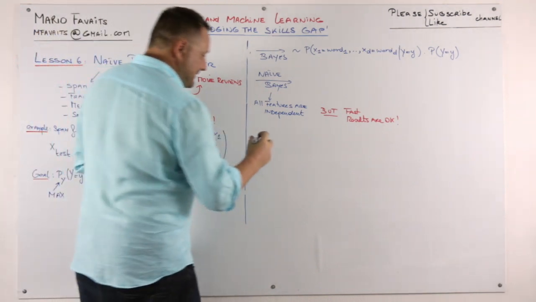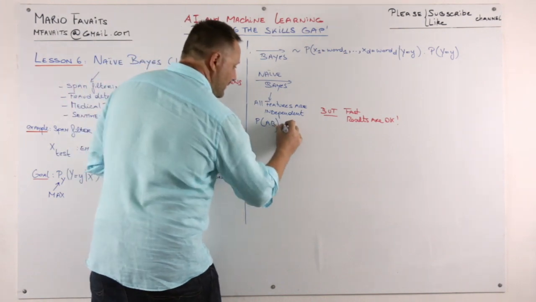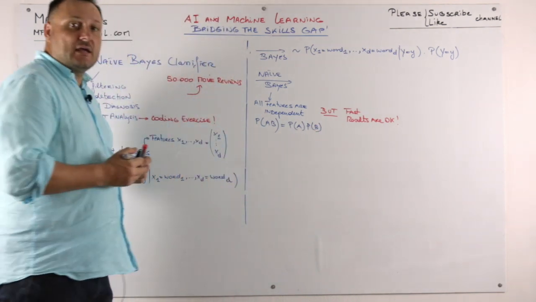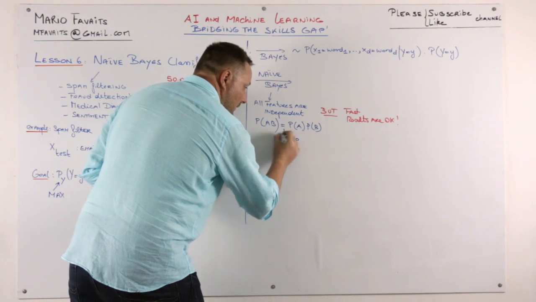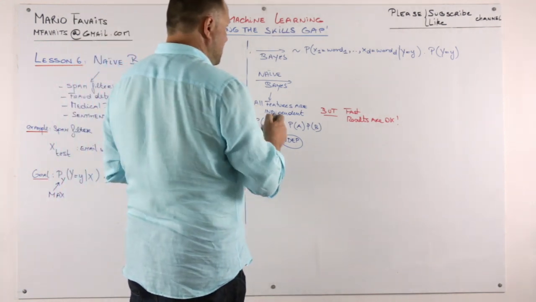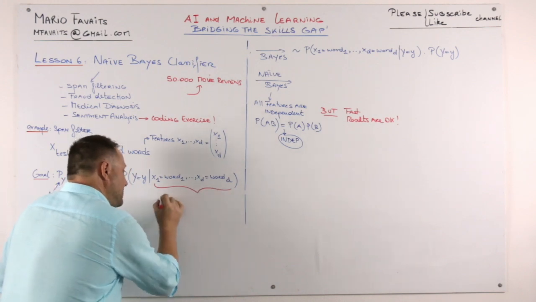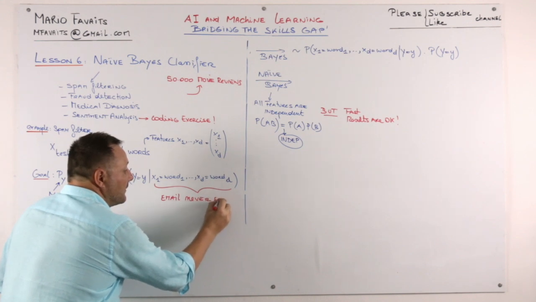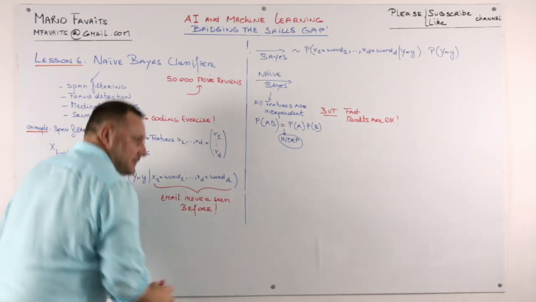Remember that in the statistics refresher we've seen that the chance of AB equals the chance of A times the chance of B, if A and B are independent. Now what does it mean here? Well, first of all, this here is your email, and this is an email never seen before, in the exact same constellation.